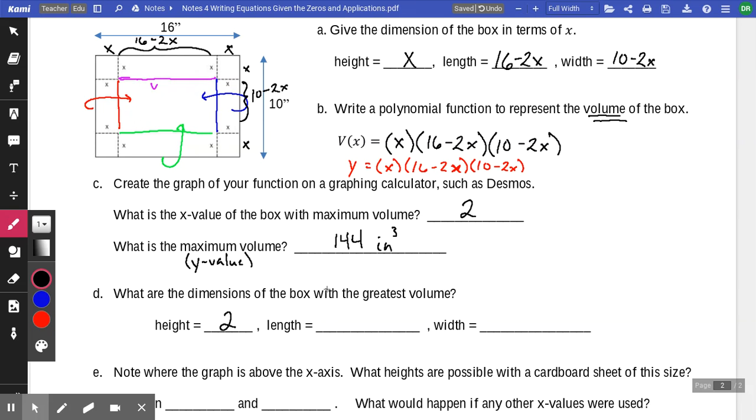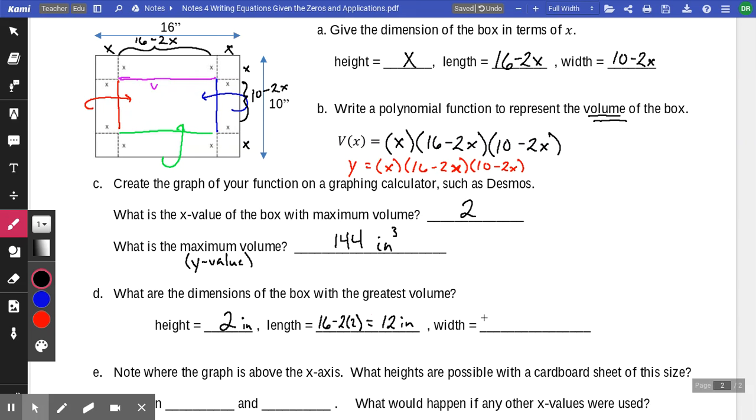And for the same reason, our length is 16 minus 2x. And so our length is 16 minus 2 times 2, which would be 16 minus 4, or better yet, 12. And then our width, same deal. We have 10 minus 2x.